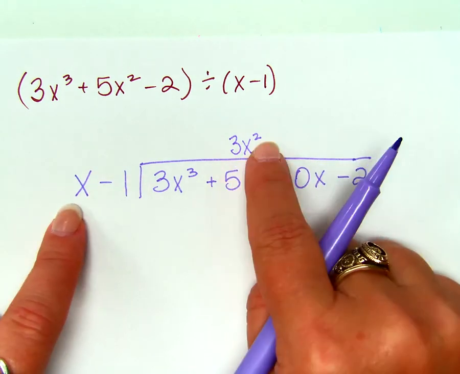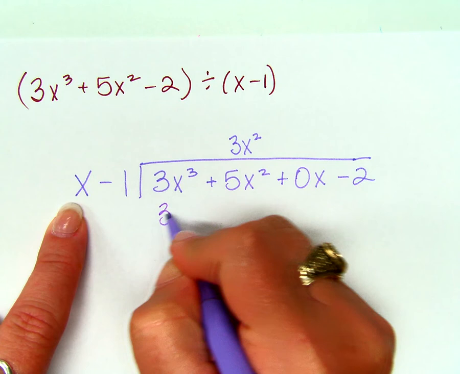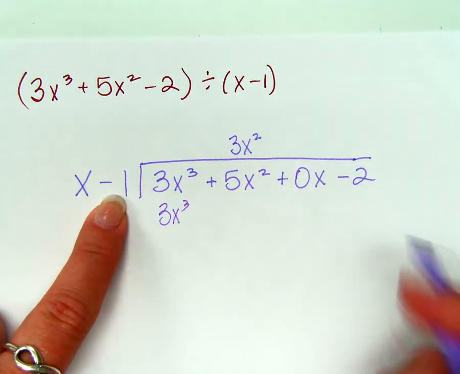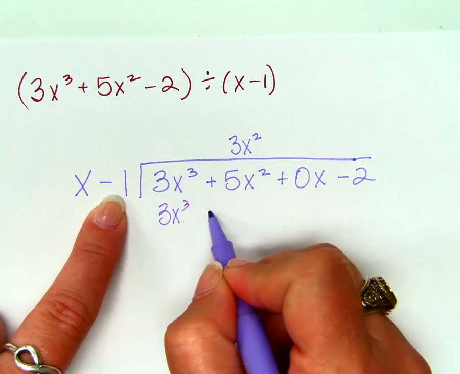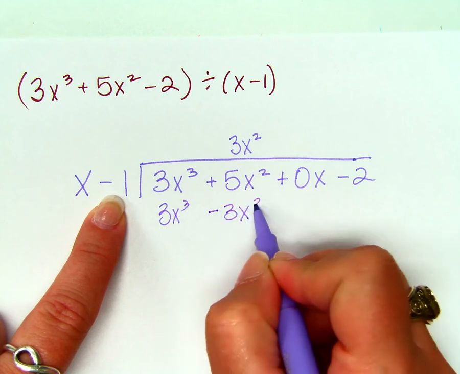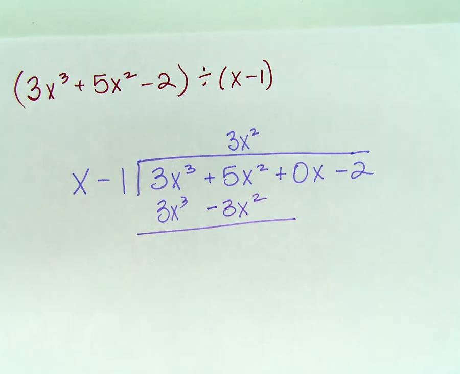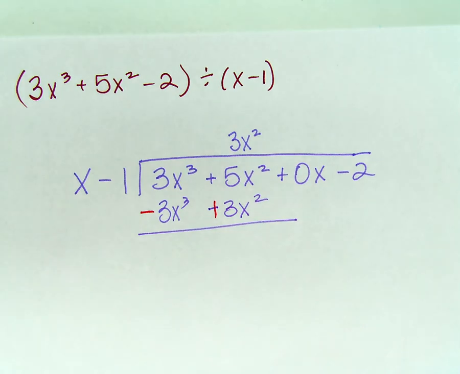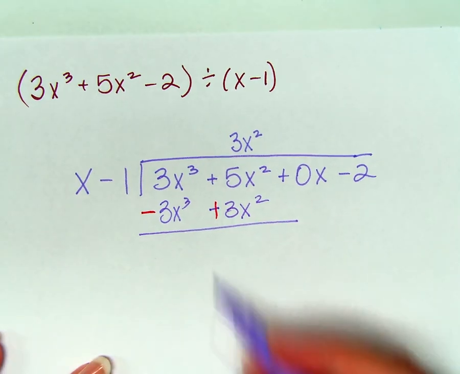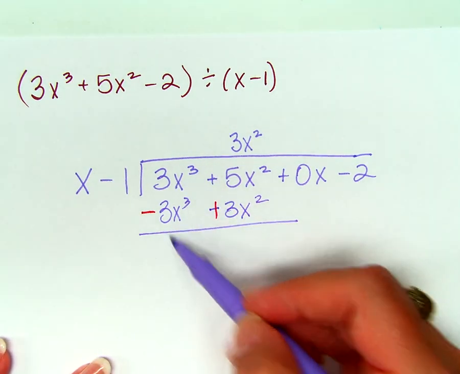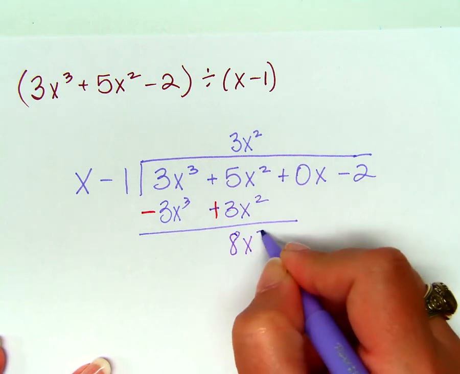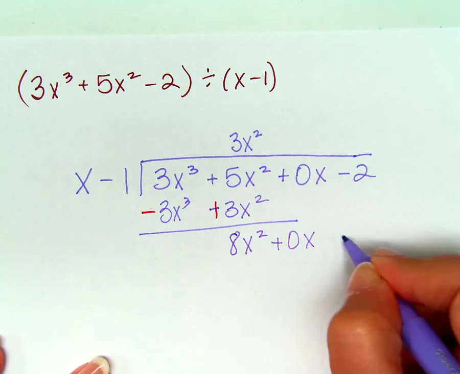What's 3x squared times x? 3x cubed. What's 3x squared times negative 1? Negative 3x squared. And now, add our opposites. Or subtract, yes. This is 0. This is 8x squared plus 0x minus 2.